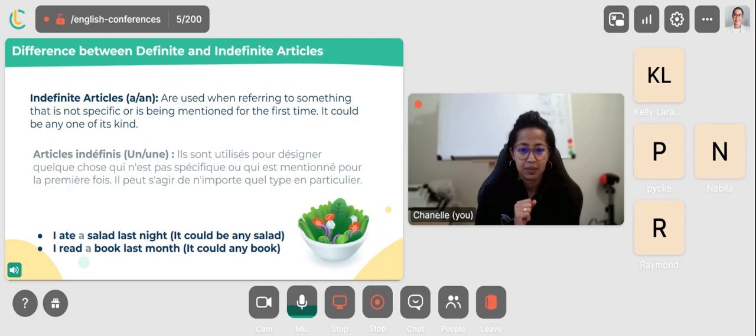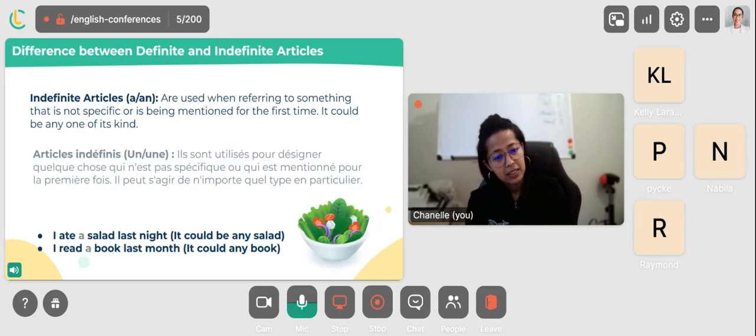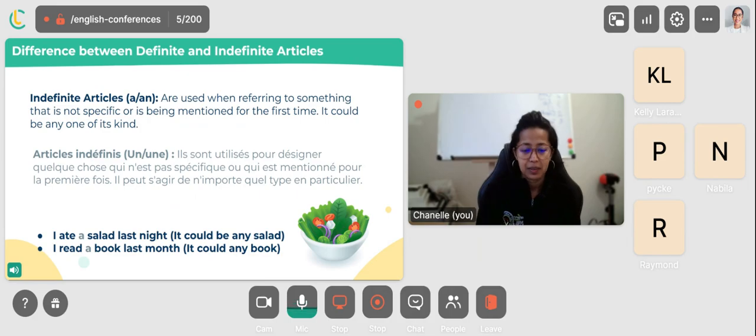Let's have a look. We are going to start with definite and indefinite articles. So an indefinite article is a or an, and they are used when referring to something that is not specific or is being mentioned for the first time. It could be any one of its kind. For example, I ate a salad last night.